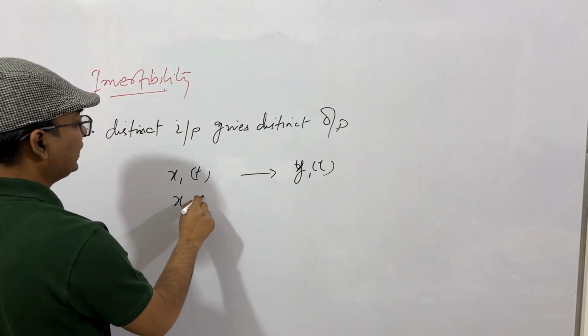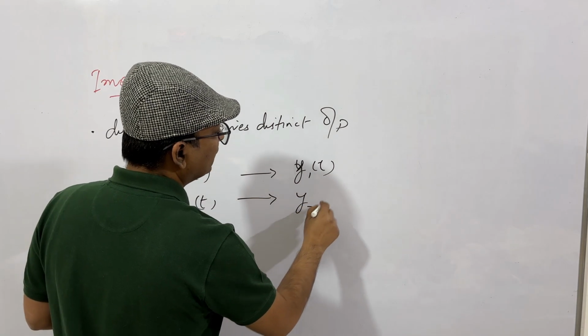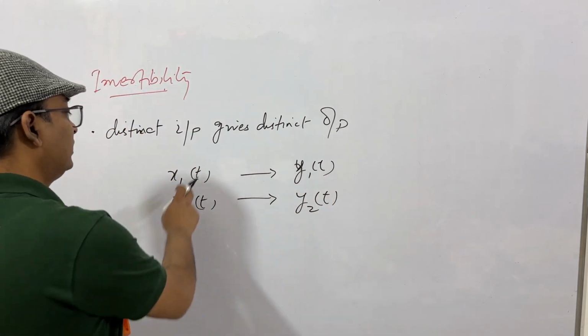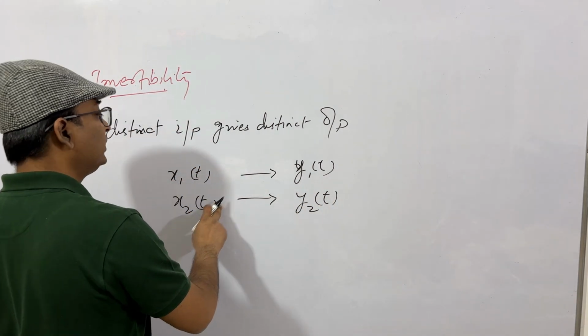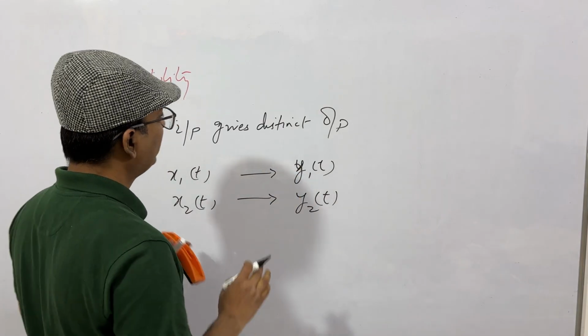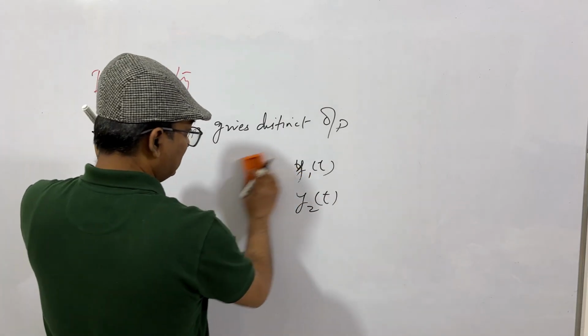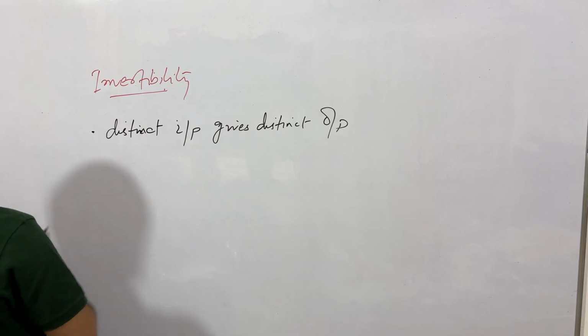But if you give x2(t), it will give another output, let's say y2(t). For both x1(t) and x2(t), the output cannot be y1(t). This is the conceptual meaning of invertibility.